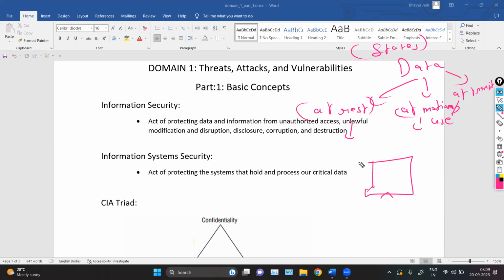Now your data is being processed in the RAM of your system, in the stacks, in the queues, etc. So now your data is in use. We are ensuring that whenever we are using the data, it should be protected. For example, no one can illegally, in an unauthorized way, fetch your data from the RAM.